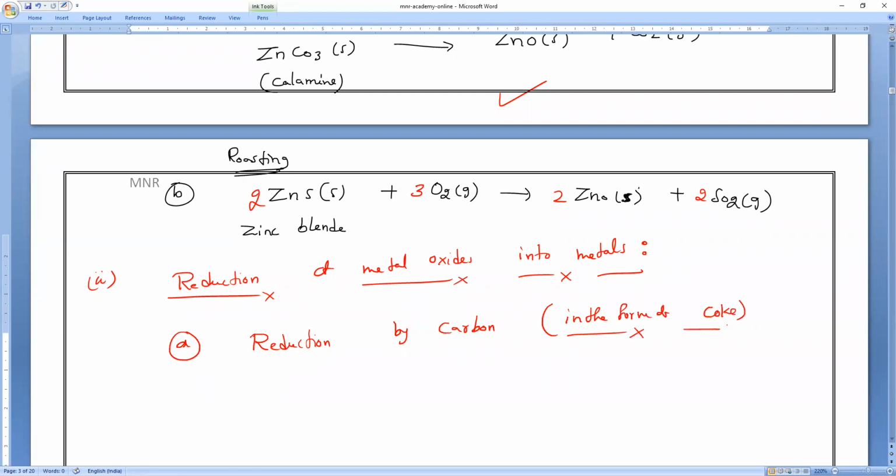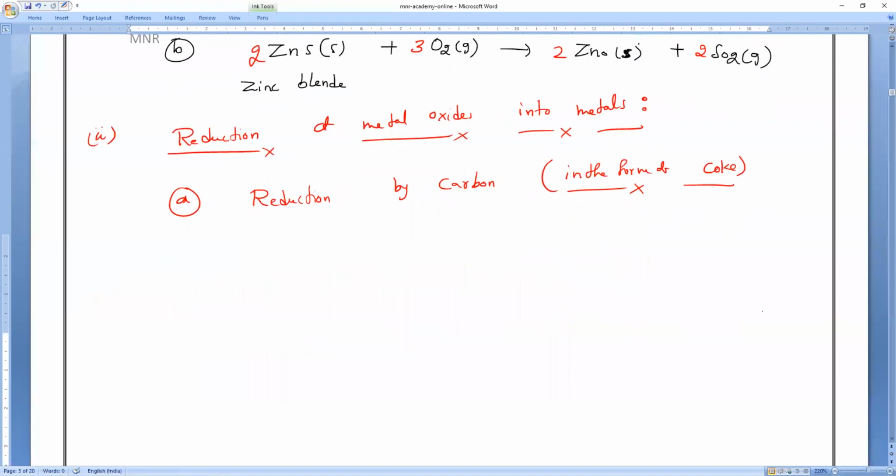So coke is an allotrope of carbon. Keep it in mind. So what reaction will take place? Zinc oxide reacts with carbon. If you heat it, we will get directly zinc plus carbon monoxide.